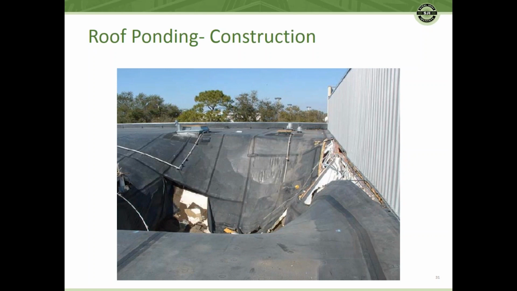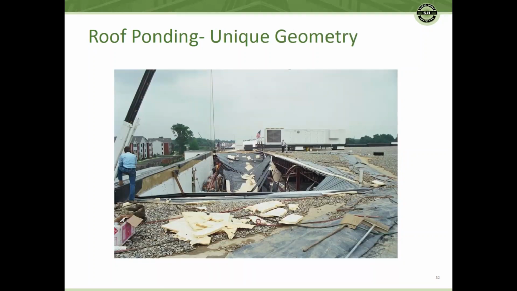Well, if you have an 8-inch drain, it's assumed they have an 8-inch hole. And this particular building had a 3-inch hole in it because they didn't cut the membrane out to the perimeter of the pipe. And I've seen that 3 times. So if you're ever up on a roof and you take a peek down some of the drains, you should see an opening equal to the size that was anticipated.